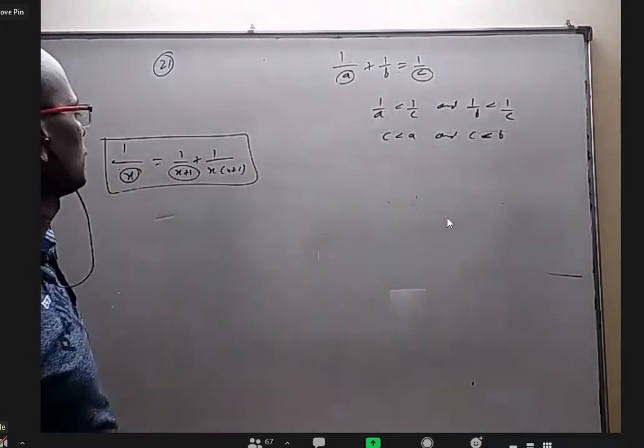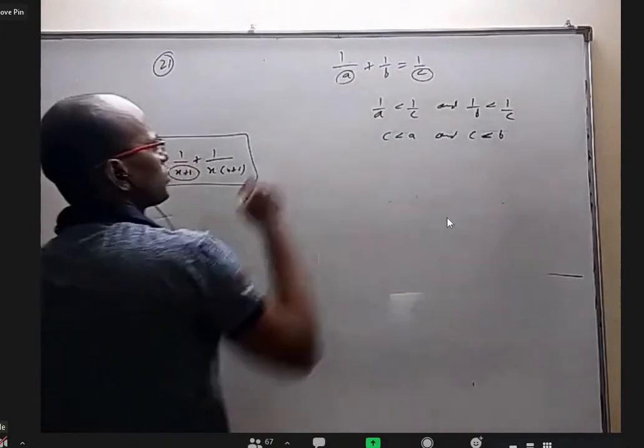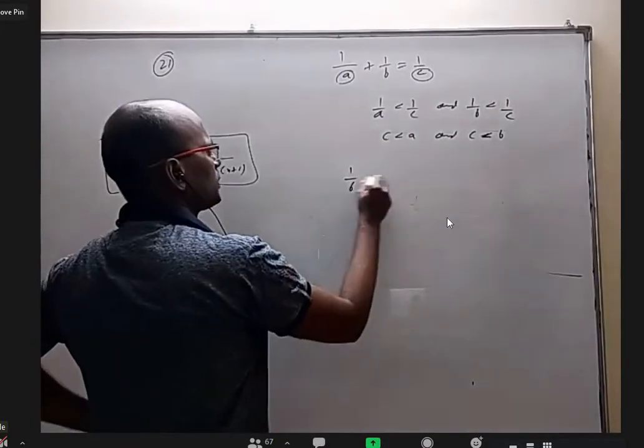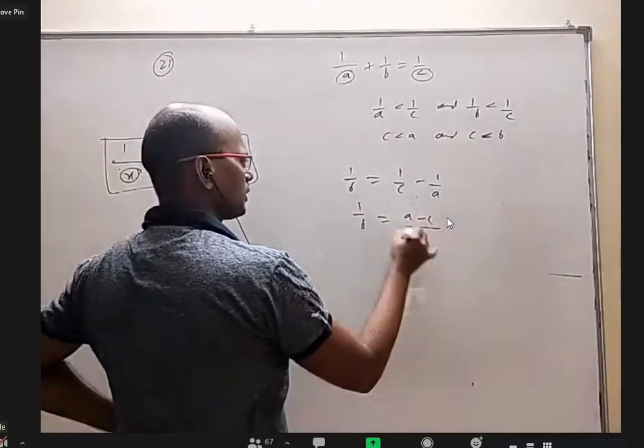Okay. Now how to prove? Basically, what I want to prove is the difference of these two must be 1. 1 by B is equal to 1 by C minus 1 by A, 1 by B equal to A minus C by AC.